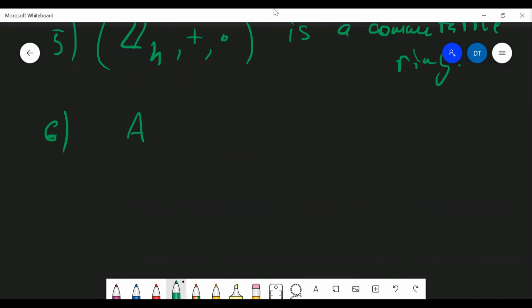Okay, so there is another example, and this is a very specific one. So let's say A is a commutative ring. Like any commutative ring, it may be the field of real numbers, it may be the ring of integer numbers, or whatever. I want to define a ring of polynomials in variable x.